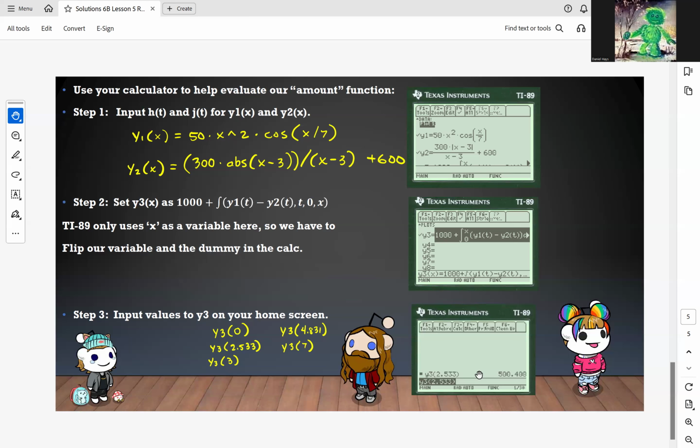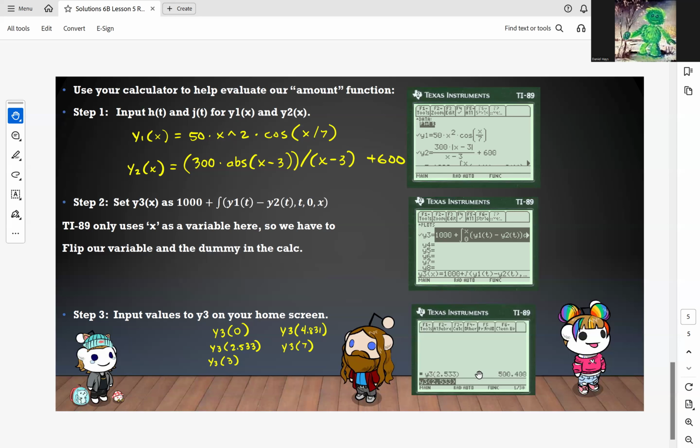And you're going to manually then, the 84 is nice. It shows you integral notation. So you're going to type in same things we just did, the 0 and the x for your bounds. I believe you can type in just y1 minus y2 inside the parentheses there on the fly.